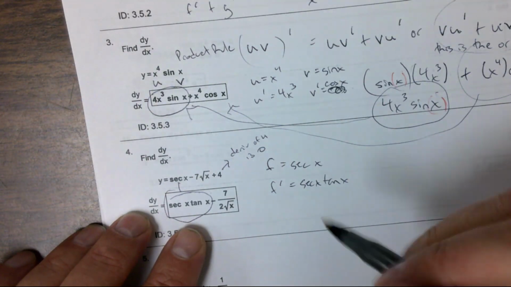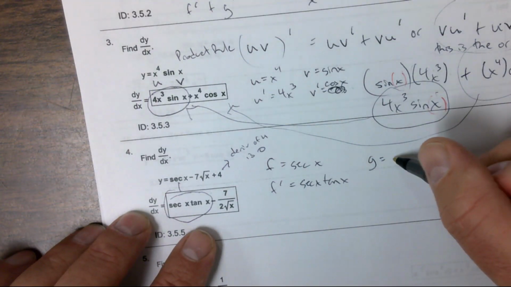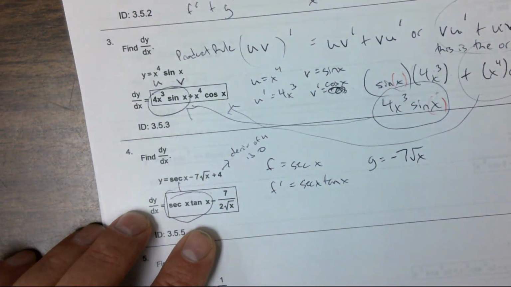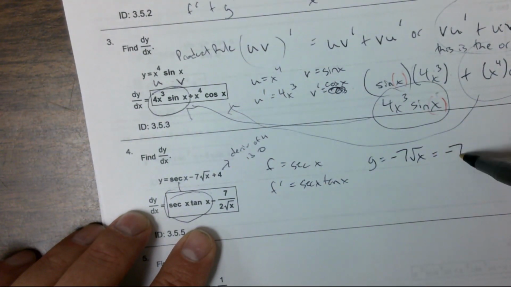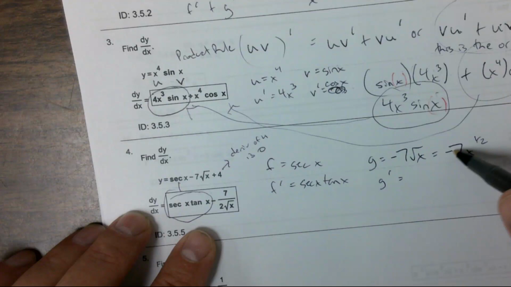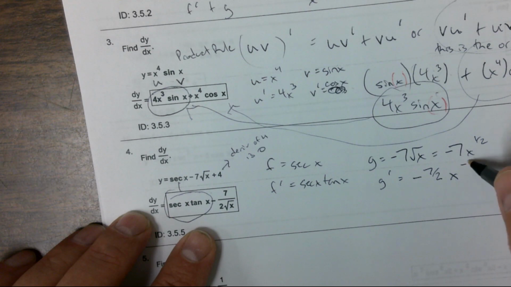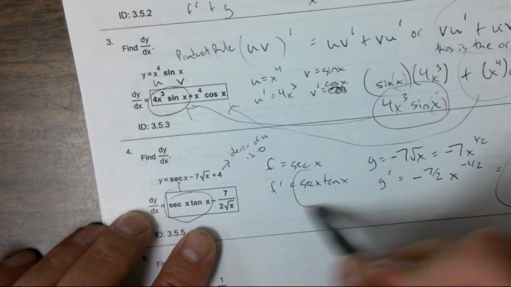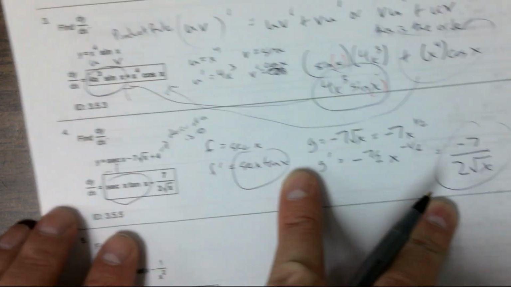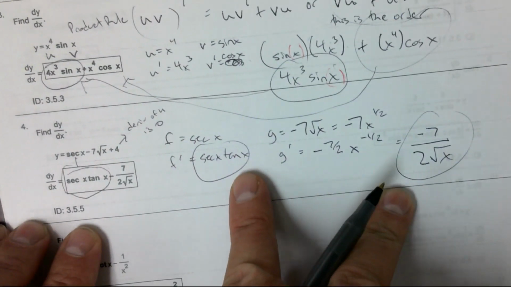Now, the other part, I'm just going to call g, would be negative 7 square root of x. So we could rewrite that as negative 7x to the 1/2. Now for g prime, that'd be negative 7 times a half, which is negative 7/2 x, and lower by a whole number. So that would be negative 7, put the 2 in the bottom, and put the x to the half in the bottom, but we just put it as square root of x, and that's what they have. So these two parts combined make that one.